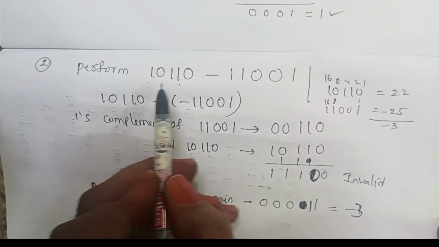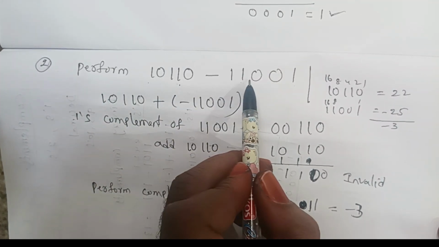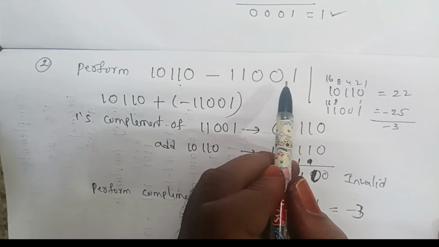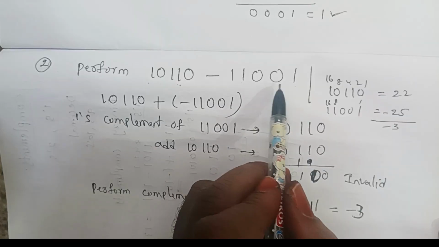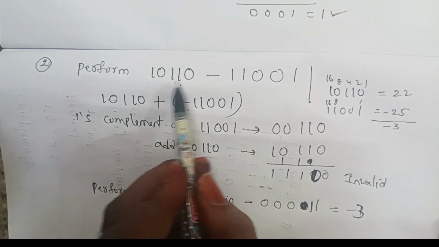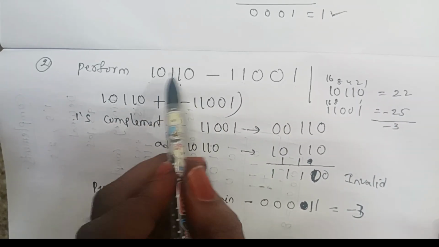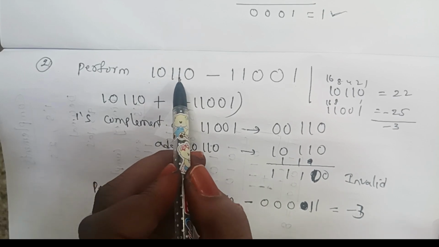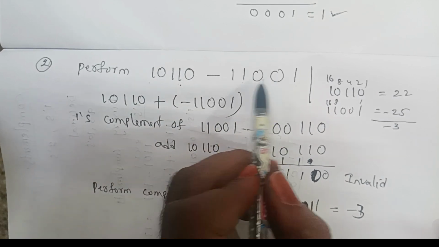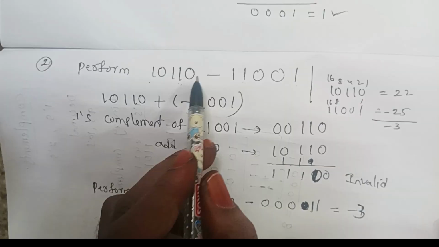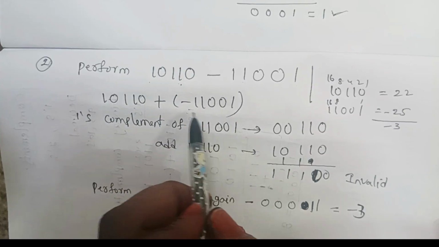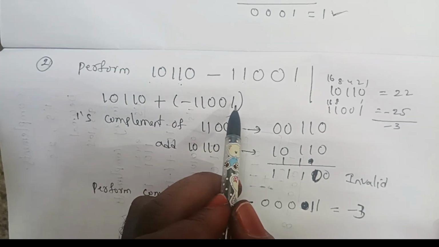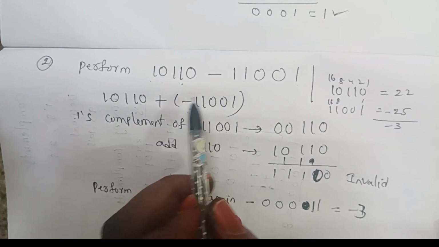Same example: perform 1 0 1 1 0 minus 1 1 0 0 1 using 1's complement. Again, these have an equal number of digits, 5 bits each. So 1 0 1 1 0, the positive number, plus of minus 1 1 0 0 1. For the negative number we find the complement.